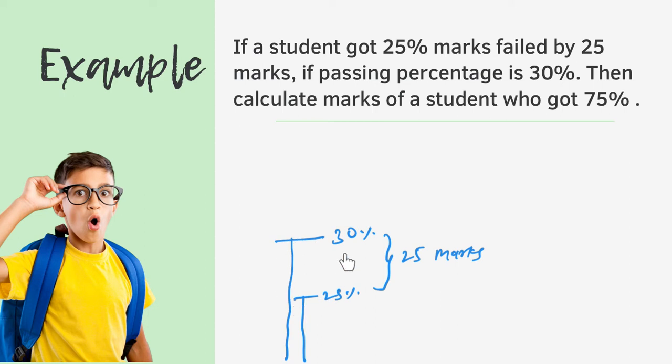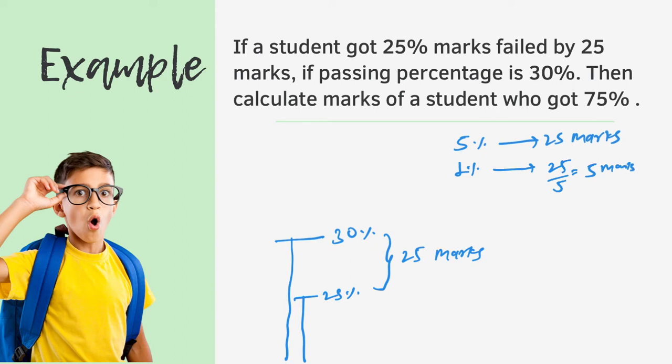In percentage, this is 30 and this is 25, so the gap is 5%. So 5% is equal to 25 marks, and 1% is equal to 25 divided by 5, which is 5 marks.